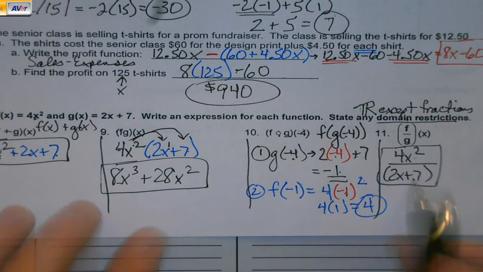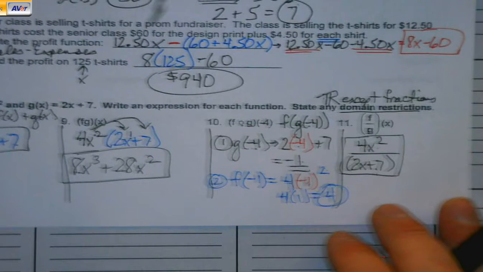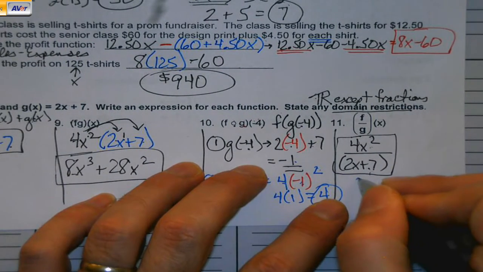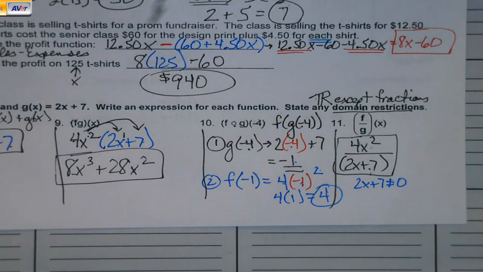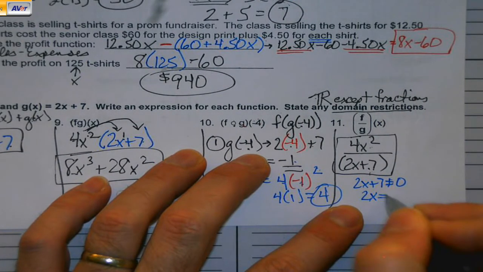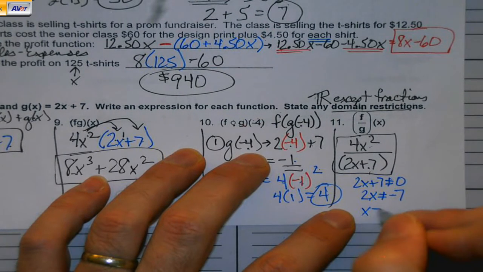but when we have a fraction, we can't have 0 in the denominator. So there's a restriction I have to write on this one. So 2x plus 7 can't equal 0. And I actually have to find the x value. I can't just write that. So I'd minus my 7, and I'd divide by 2.